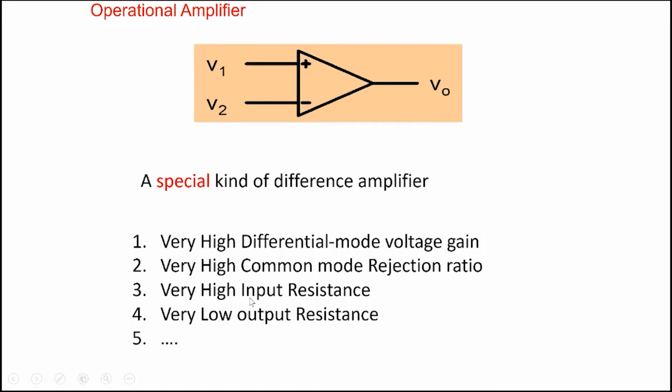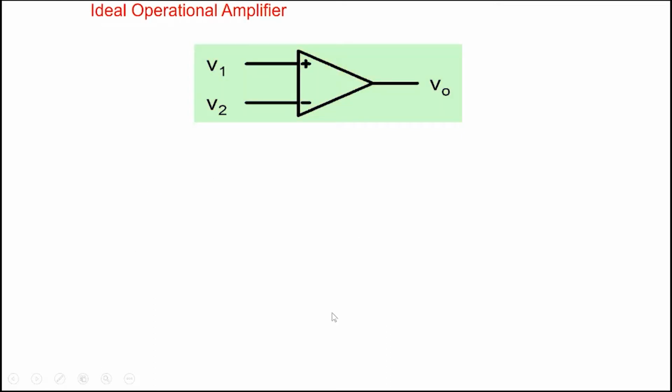It has several other properties which we will not go into. So: very high differential gain, very high common mode rejection ratio, or very low common mode gain, very high input resistance, and very low output resistance. In this particular course, we'll deal mostly with the ideal operational amplifier. In this ideal operational amplifier, the differential mode gain we will take as infinite, very high.